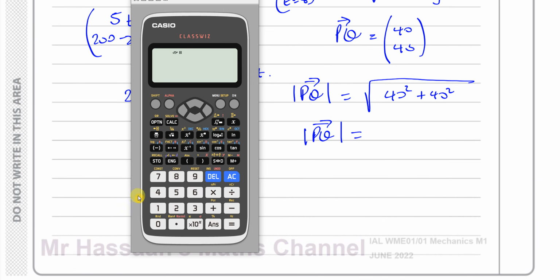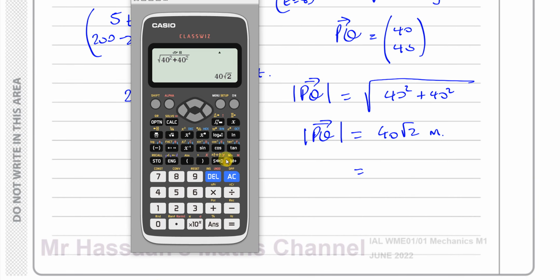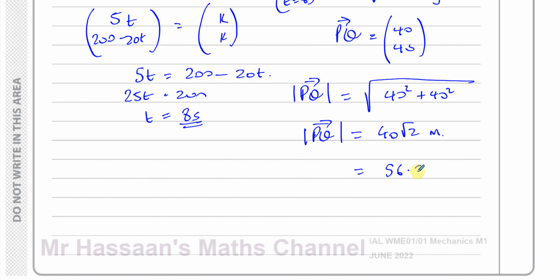Okay, so we're going to do the square root of 40 squared plus 40 squared. That gives us 40 times root 2. That's the exact form, but you can round it to 3SF, that's fine. That gives you 56.568, continues. So 3SF, that will be 56.6 meters.